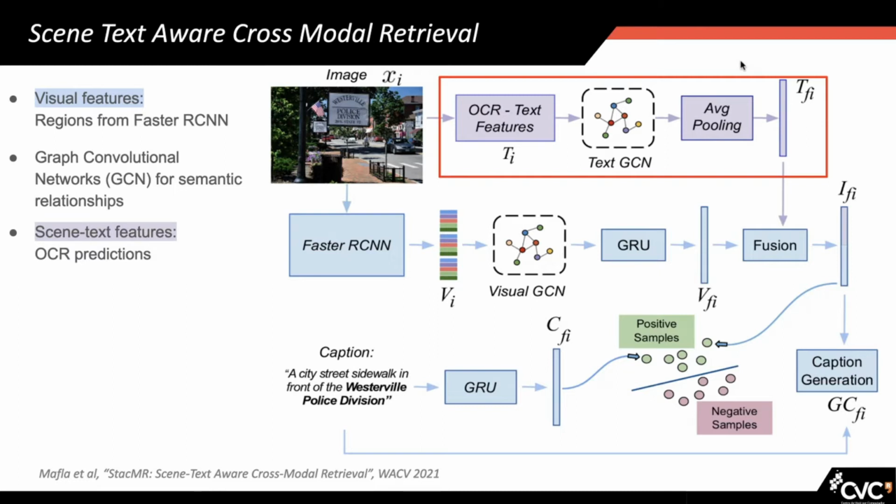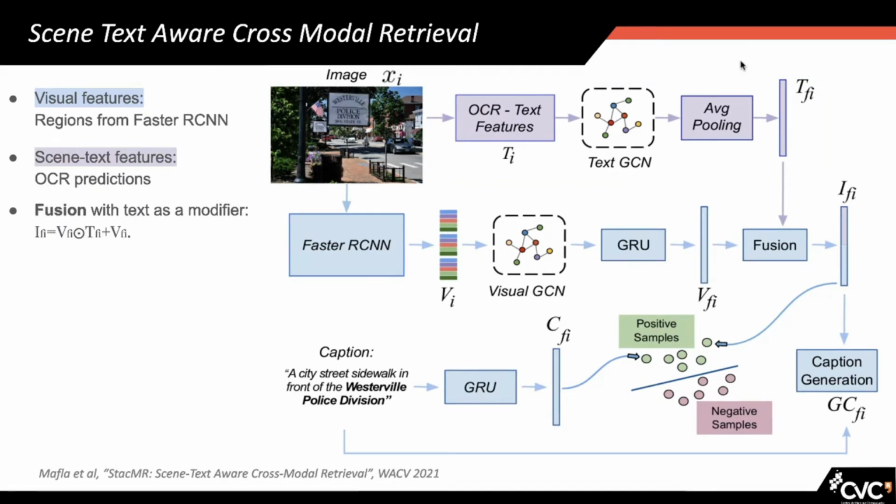We take the average pooling of it, okay, and we obtain a final representation. It's quite common in the field of image modifiers. Basically, you can modify an image with an object, drawing, or text. But usually you treat these modifiers as some different distortion that the original image has.